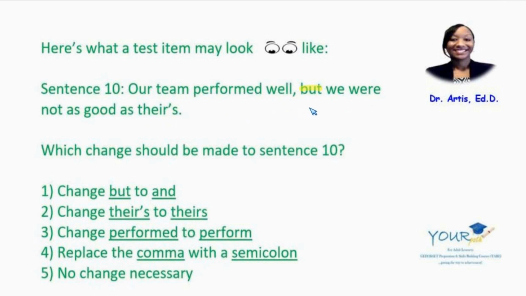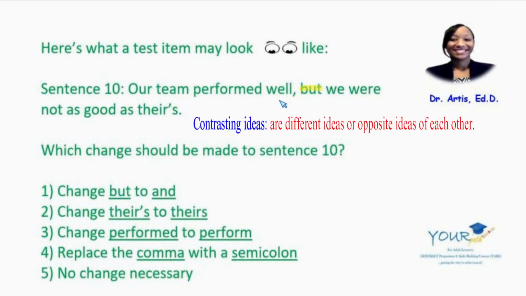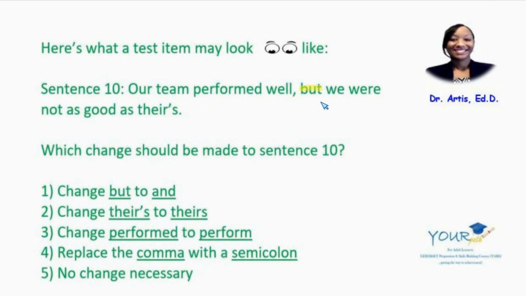Now in this case, the conjunction but is used appropriately because it is used to join 2 contrasting ideas. And that's what we have here. So in terms of answering our question, we're going to eliminate option number 1 because we know that it does not apply.